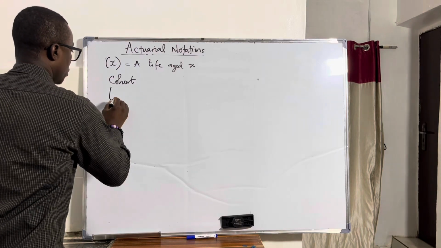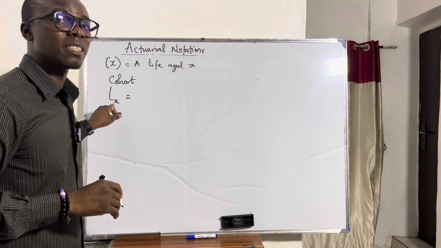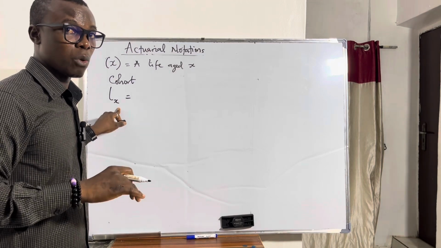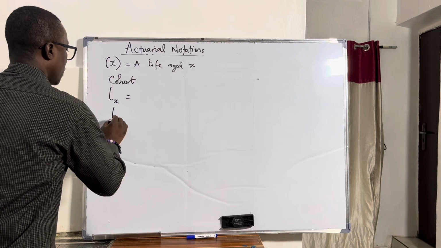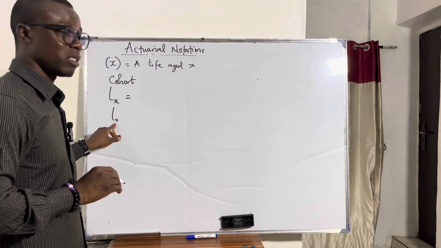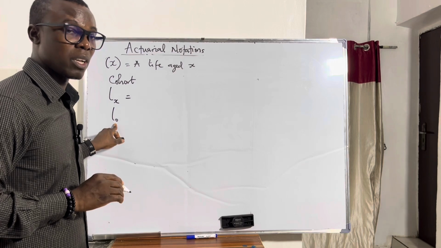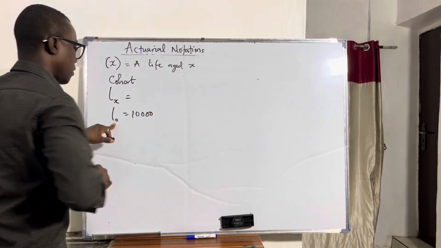This notation, Lx, simply means the number of lives that are x years old. In 1982, they were all less than 1 year old, so we denote that with 0. So it means L0 is 10,000.